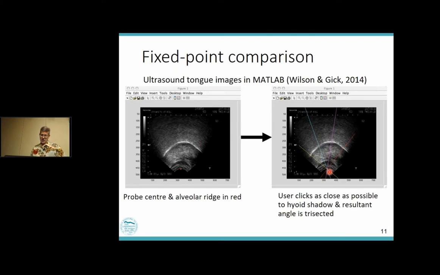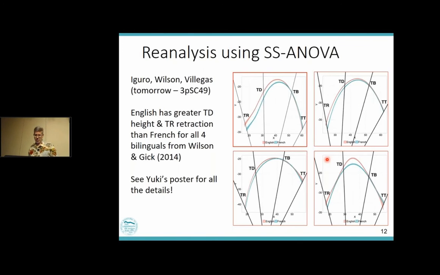After that, the user had to click on the points on the tongue where the lines intersected the tongue. So it was kind of a labor-intensive measurement system, but we were able to find differences measured along those lines comparing English and French rest position.